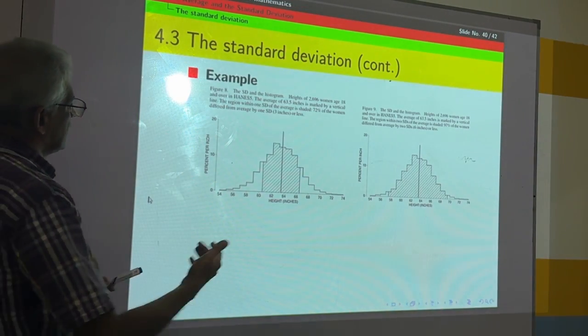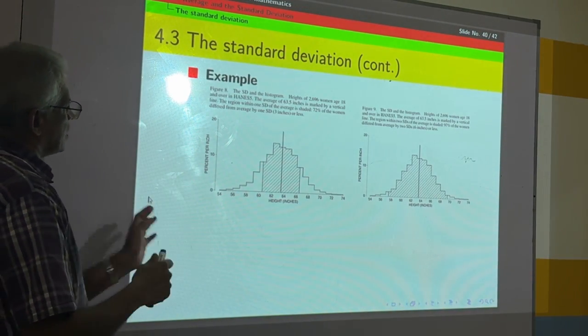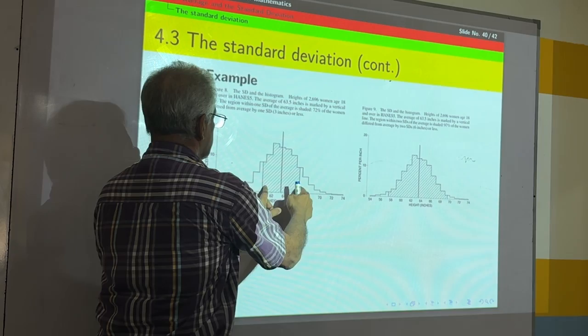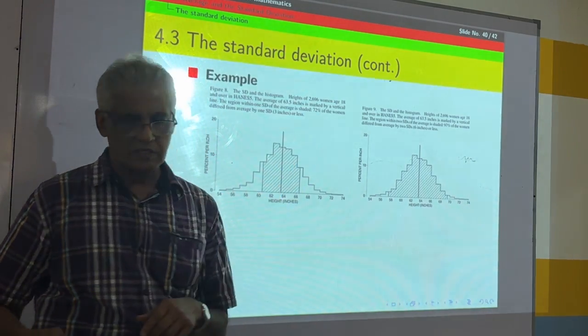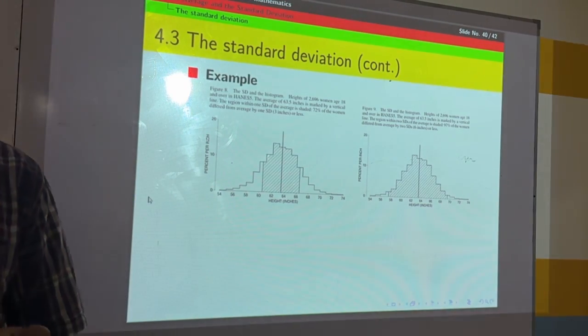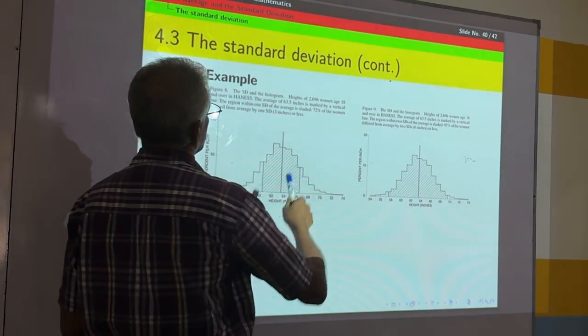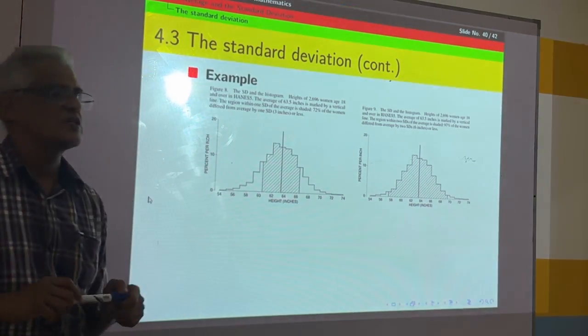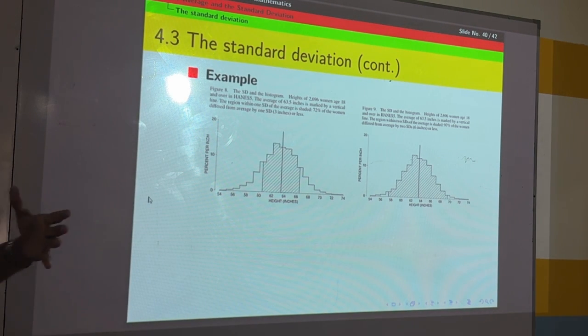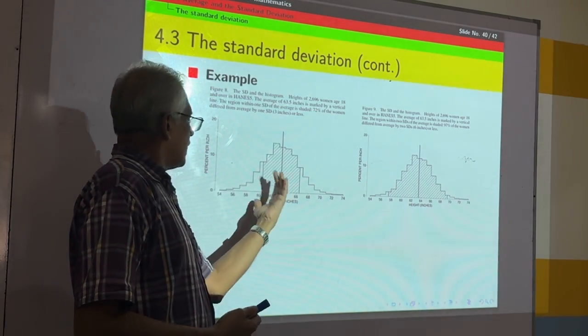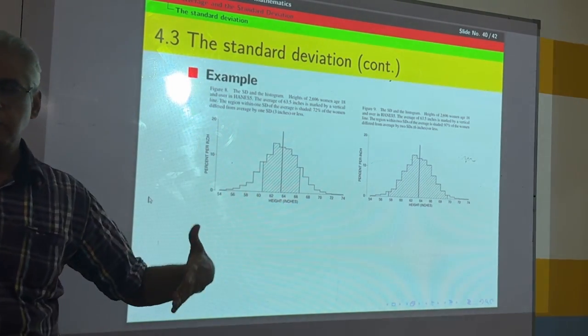So if you consider x bar minus 3 and x bar plus 3, you get this. And then you can find out roughly what is the percentage, that is the area. They have seen that in this case it's not 68, it's roughly 72%. So it's not a rule as I mentioned, but most of the data are within one standard deviation from the mean.